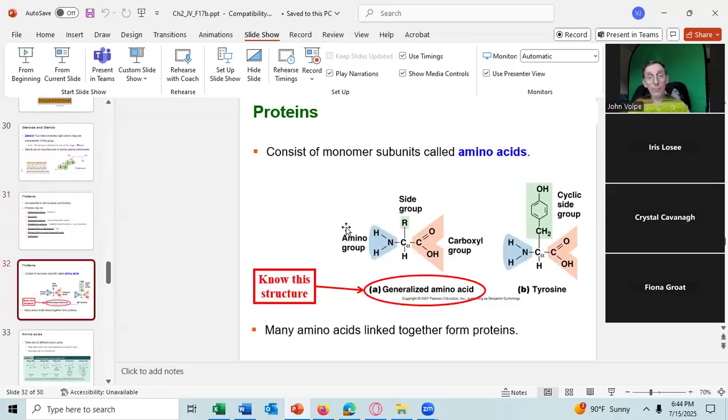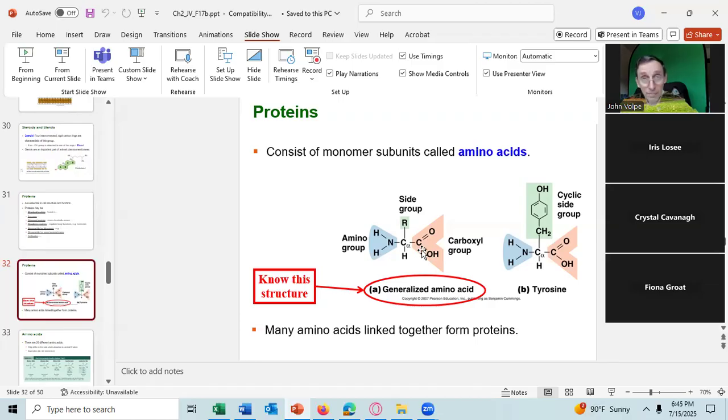All right, the reason why proteins have more function and differ more than all the other biological molecules is because proteins are made up of monomers, the same as a carbohydrate. The complex carbohydrate is made up of monomers, but carbohydrates only have a few monomers, from a handful to maybe a dozen, depending on which monomers you're talking about.